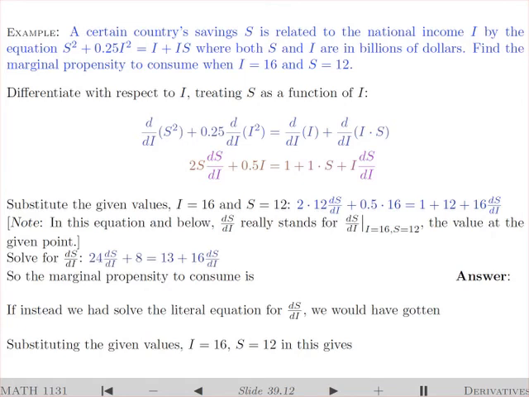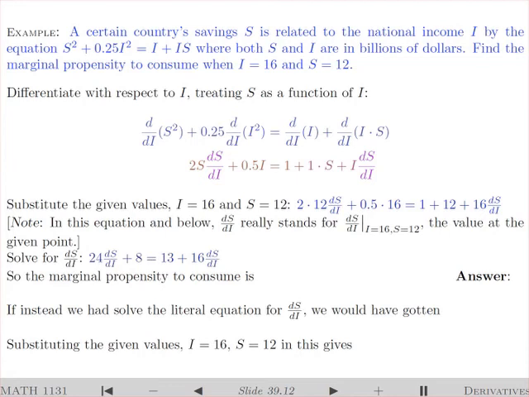So we're going to simplify. So do the multiplications. 2 times 12 is 24, 0.5 times 16 is 8. And then collect ds over dI terms on one side. I'm going to move the 16 ds over dI to the left. So subtract 16 ds over dI, which on the left gives me 8 ds over dI.